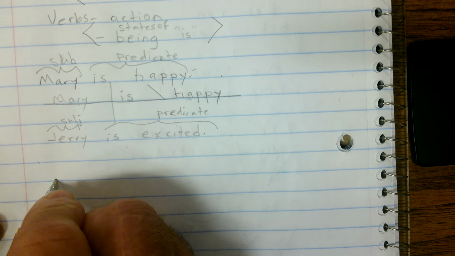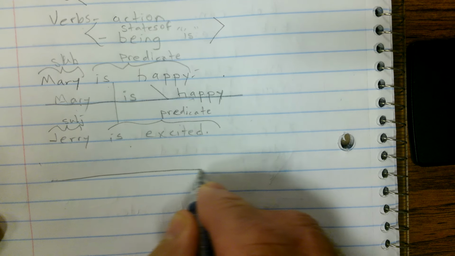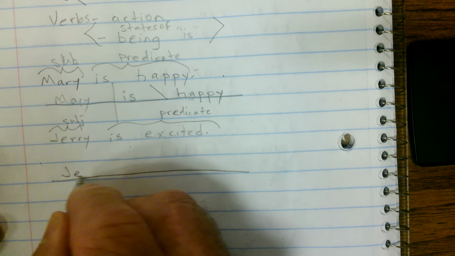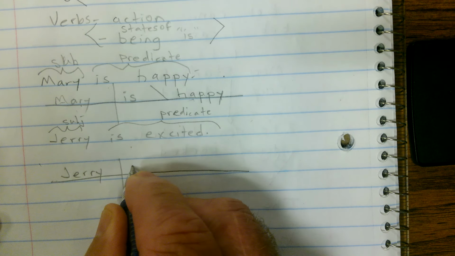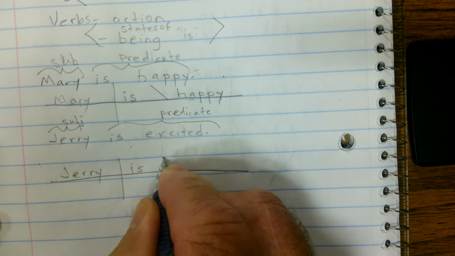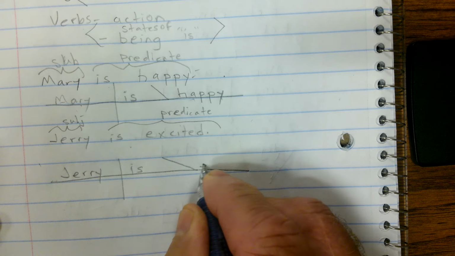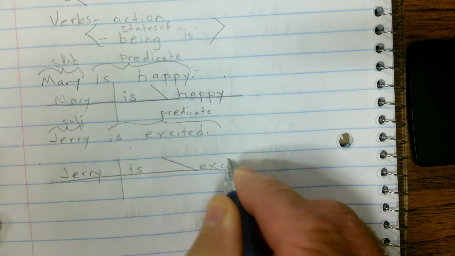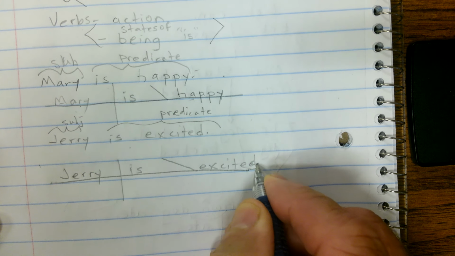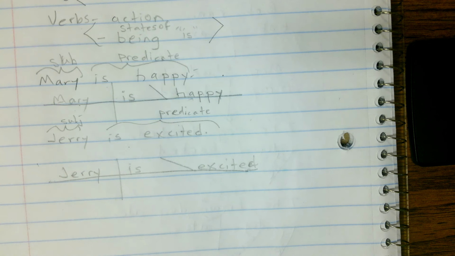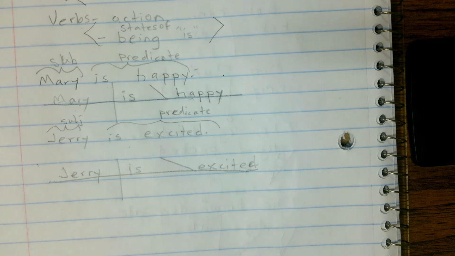So once again, we draw our line, write Jerry, vertical line, is, and we know he is excited. So Jerry is excited.